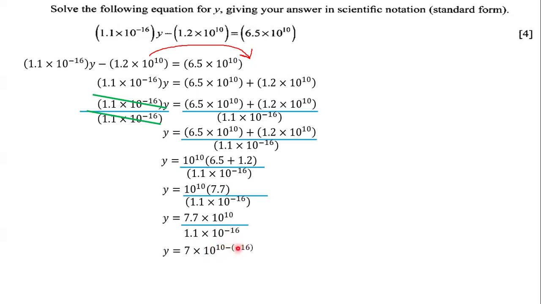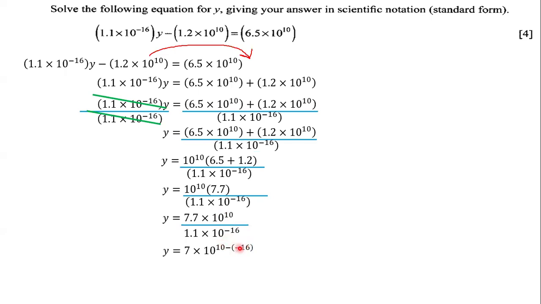And that's because when we have two terms that have the same base, in this case base 10, and we are dividing them, we have to subtract the powers. And so we have 10 minus negative 16.